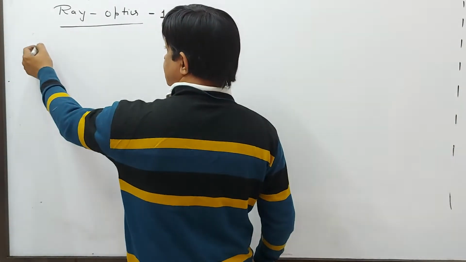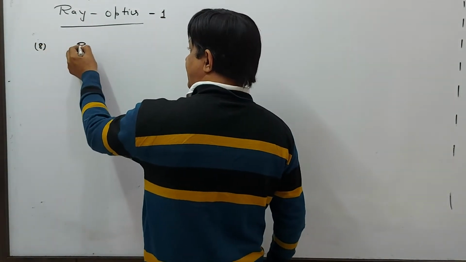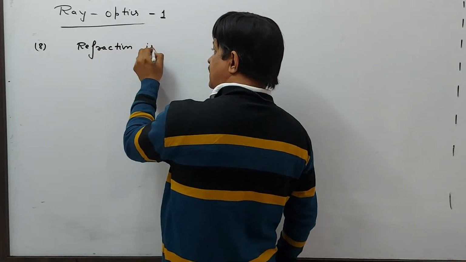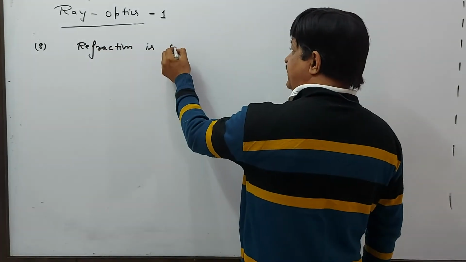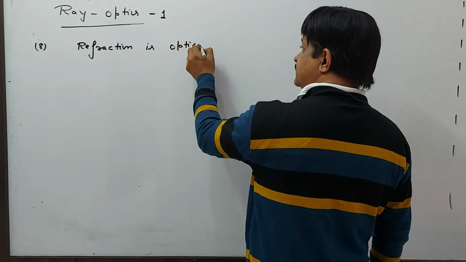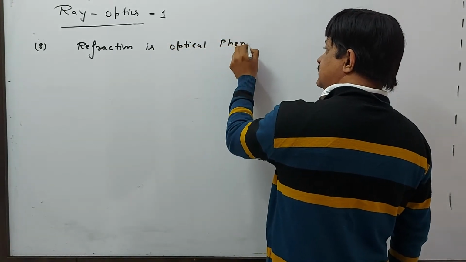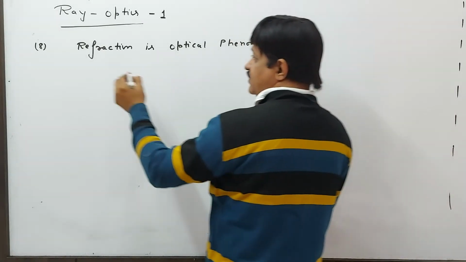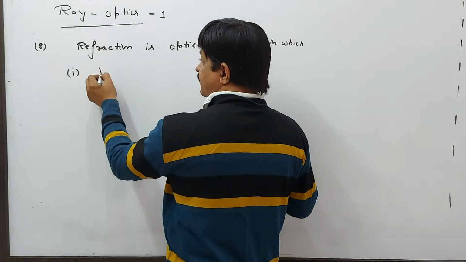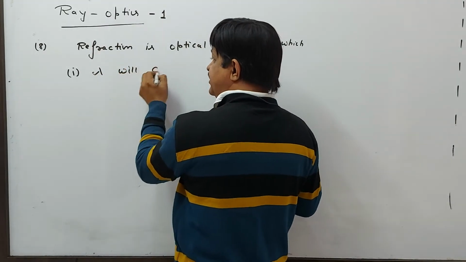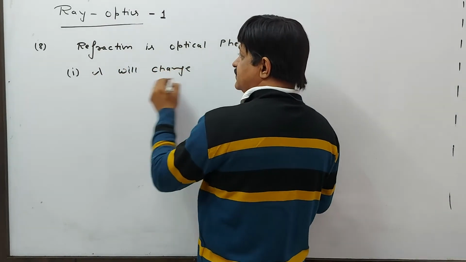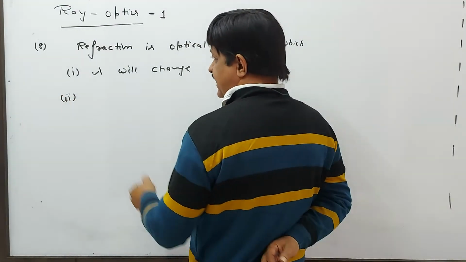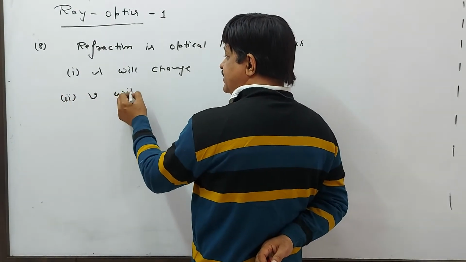Number 8. Refraction is an optical phenomenon in which wavelength of light will change. Second, velocity will change.